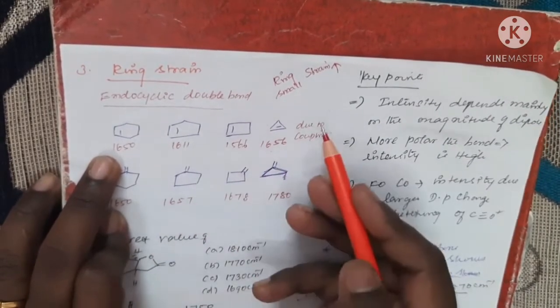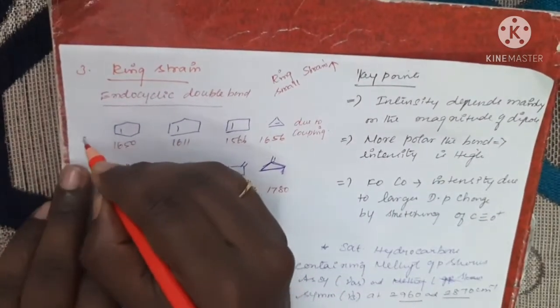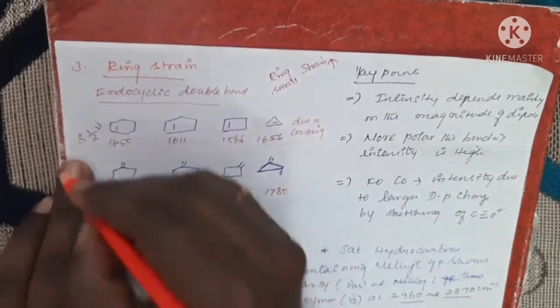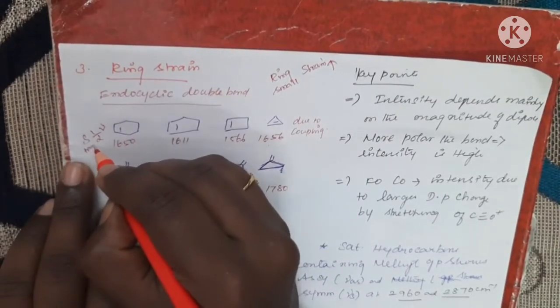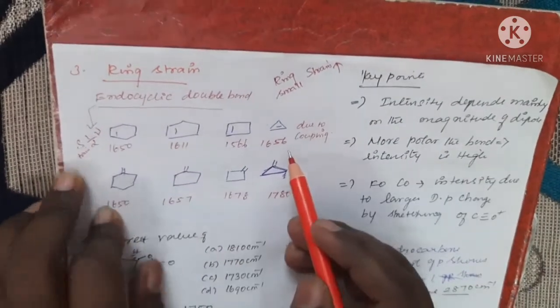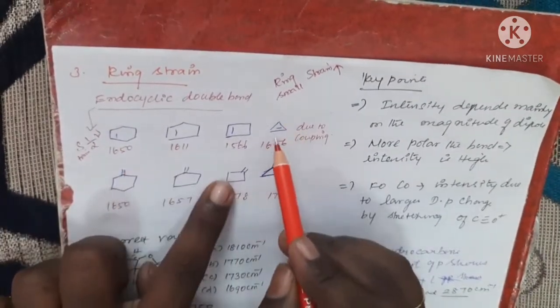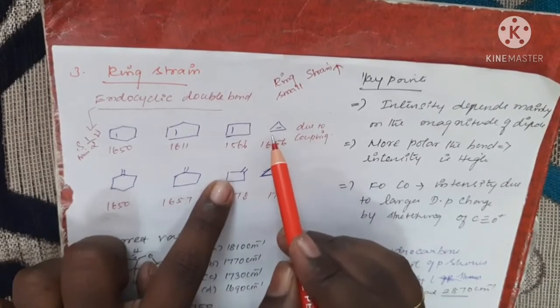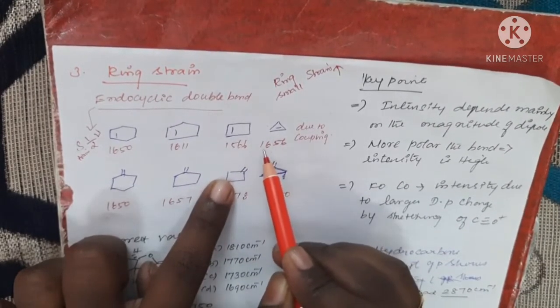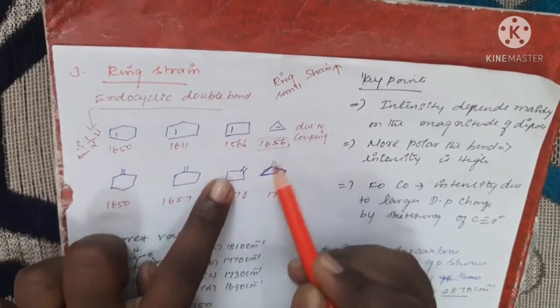Okay. So here strain is inversely proportional to frequency in case of an endocyclic double bond. But if you see here in this third, 3-membered ring, actually the value should decrease, but here we see a hike in the value.